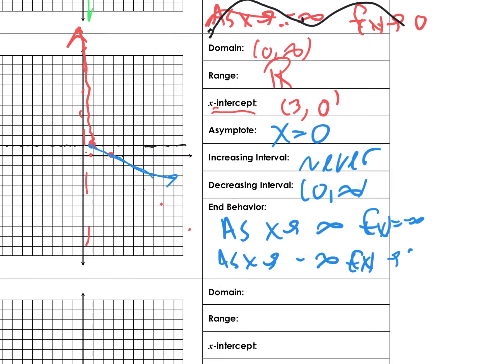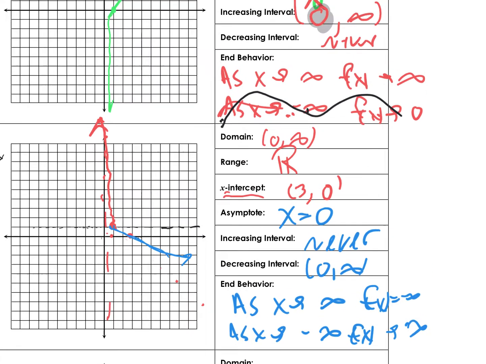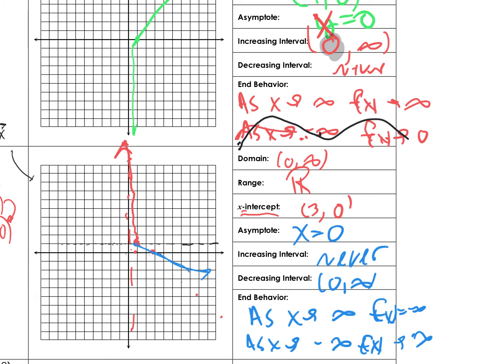F of x. Wait a minute, was I wrong on the other one? Hold on. As x, we're talking about y, I'm sorry. F of x approaches infinity. What did I write up here? As x, I'm so wrong on all of those. I am going to fix them all right now, right in front of you. I'm not talking about, I'm talking about what y approaches. Well, no, it's the same thing.